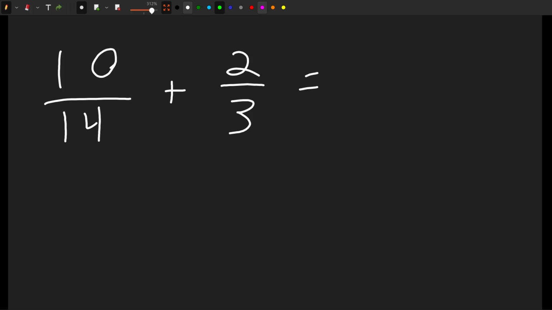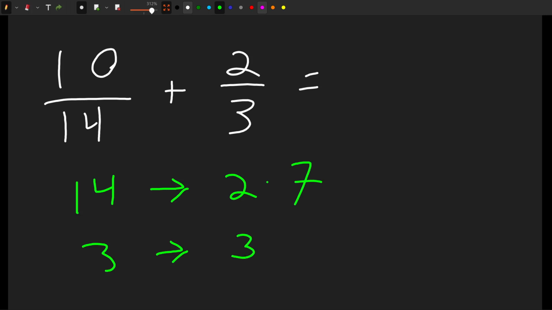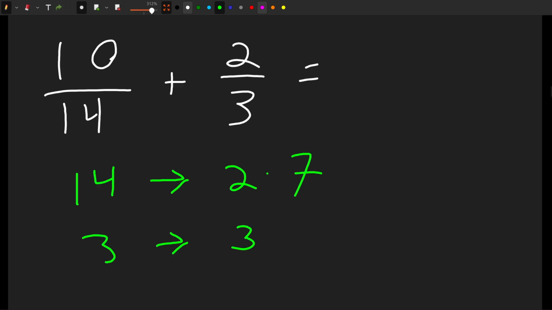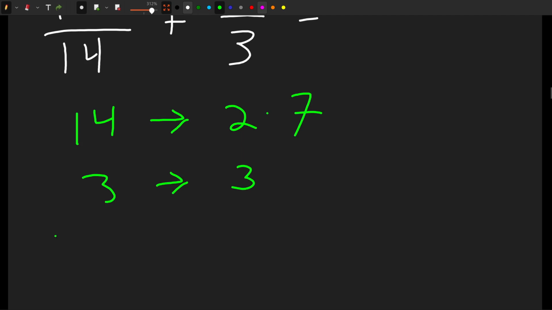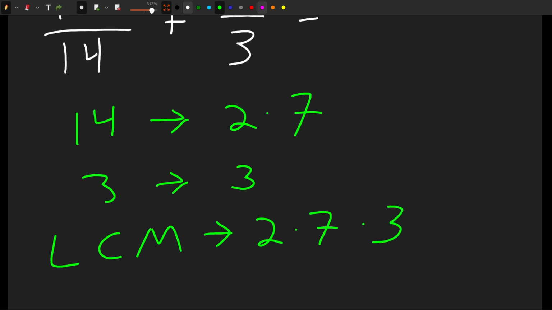And so in this case, 14 has factorization of 2 times 7. And 3 is just 3. So in this case, my lowest common multiple, my LCM, I'm going to take the 2 and the 7 from 14, and I'm going to take the 3 from 3. And I will be left with 14 times 3, which is 42.